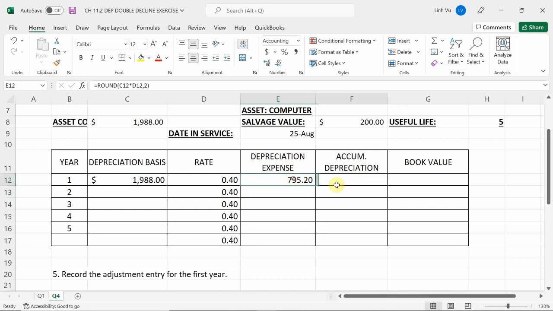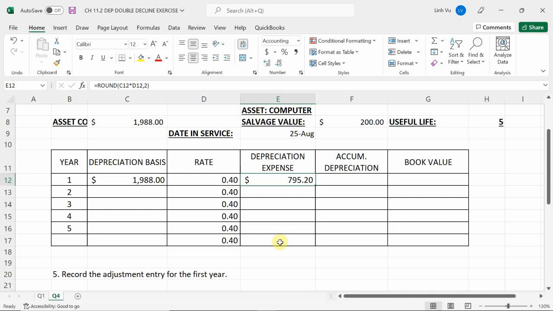Now, is that true? No, because we didn't use the whole year. Let's count again. If you're going to start depreciating in September, that's September, October, November, December. That's 4 months.